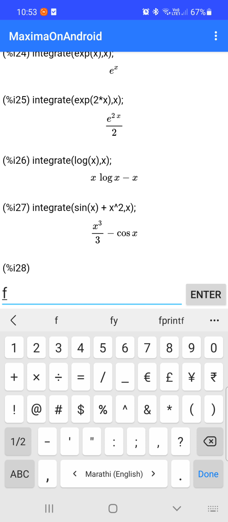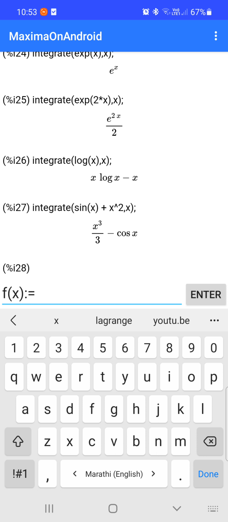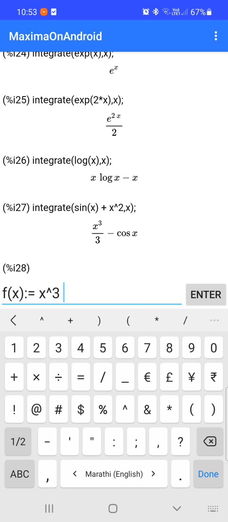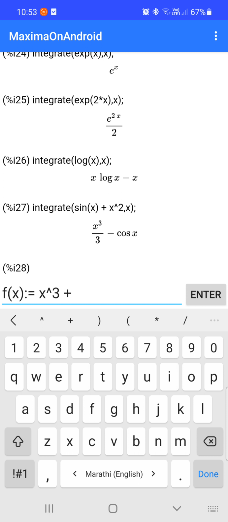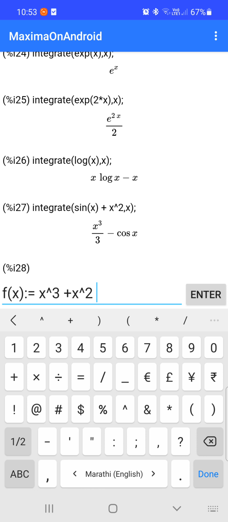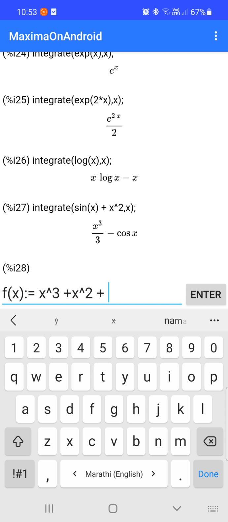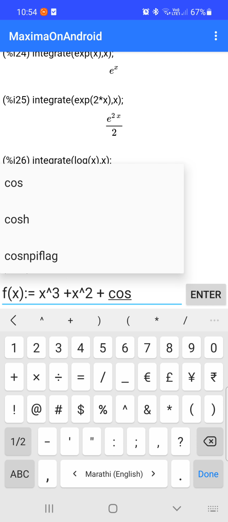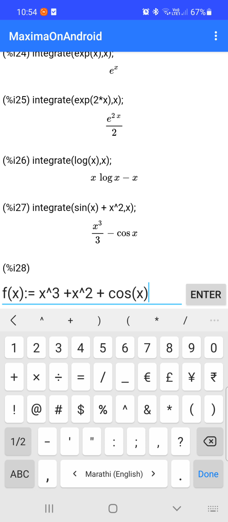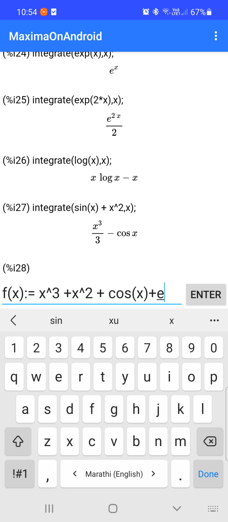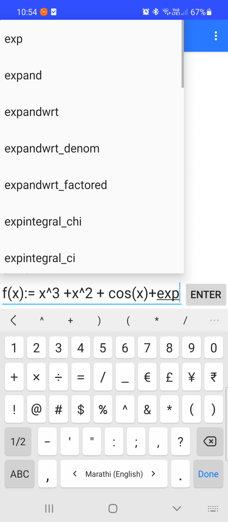You can also assign f of x to the given function, say x cube plus x square plus cos x plus exp x.